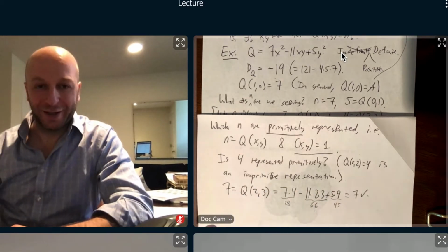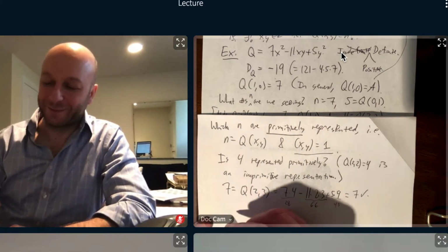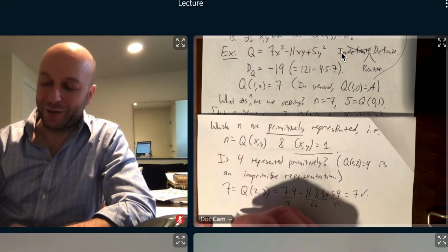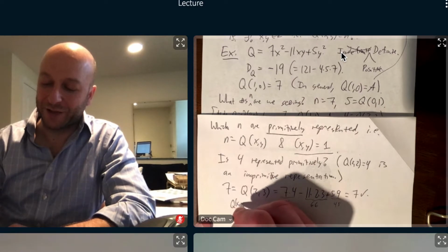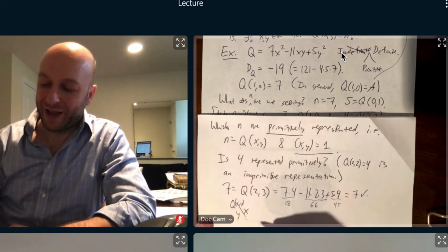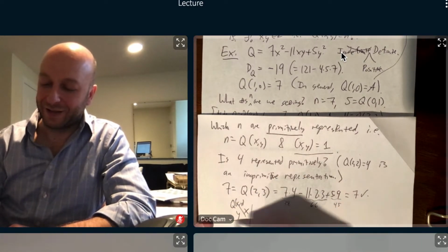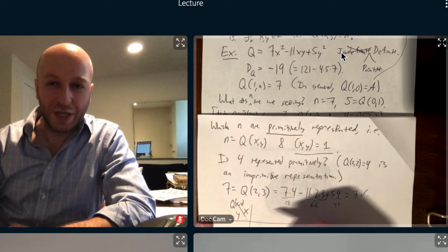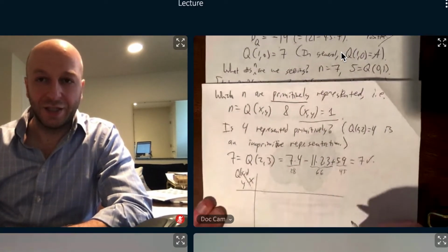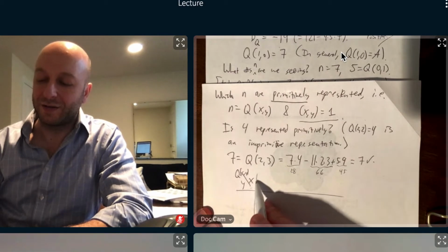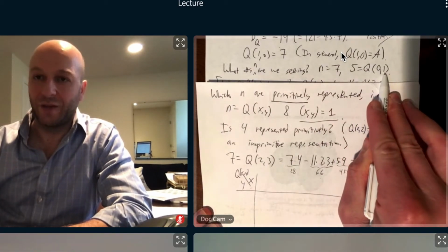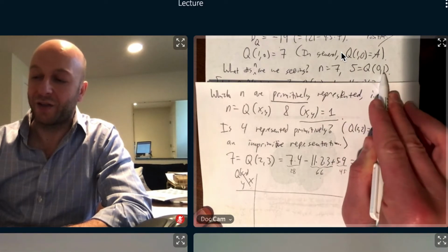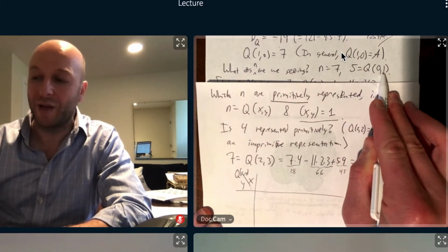Okay, let's make a little table. Here's the value of q, here's x, here's y, and we'll plot q of xy. 0 is not interesting, because if x is 0, then if y is 1, we get 5, and otherwise we get squares times 5.